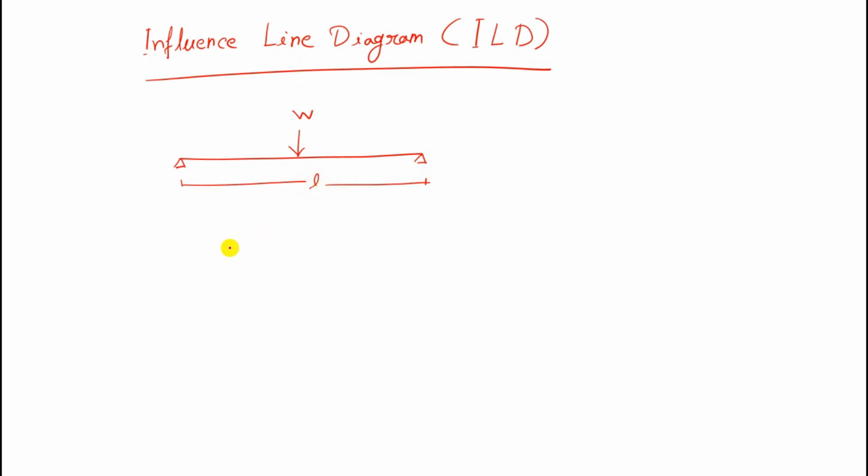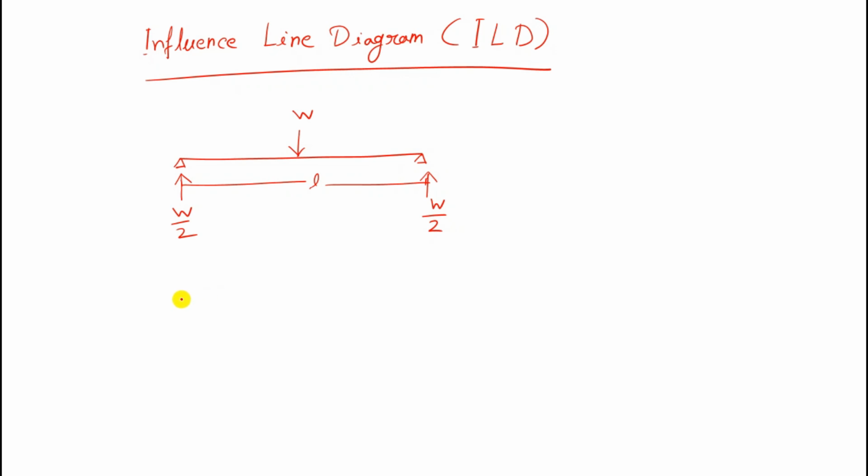If I want to know the bending moment diagram or shear force diagram, you can easily calculate. First of all, we have to calculate the vertical reaction, that will be W by 2.